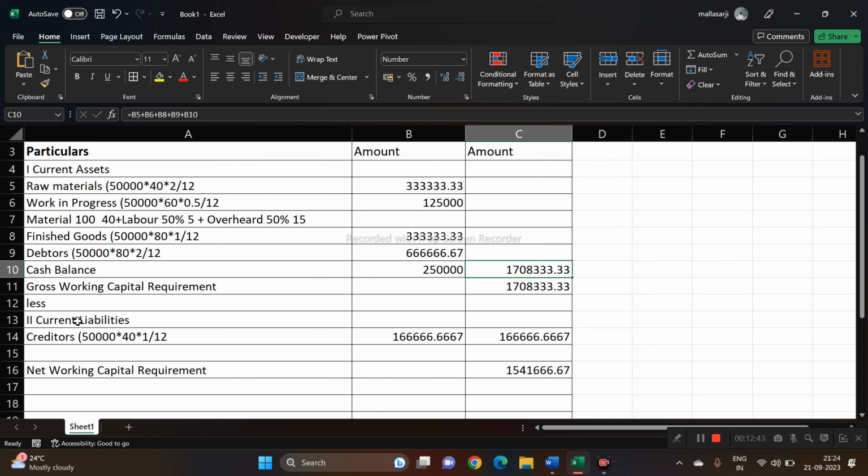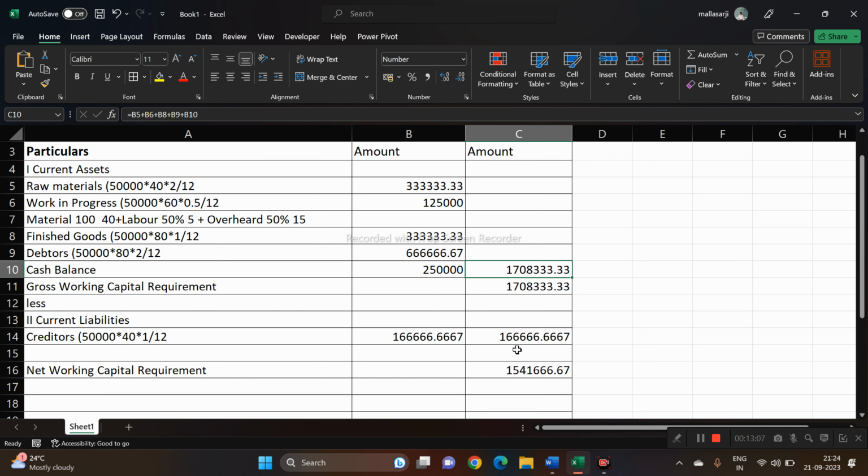Under this total we should deduct current liabilities. Under current liabilities they gave only one piece of information, that is creditors. Creditors allow us, we take a credit of 1 month on average. And the raw material cost on average is 40 rupees per unit.